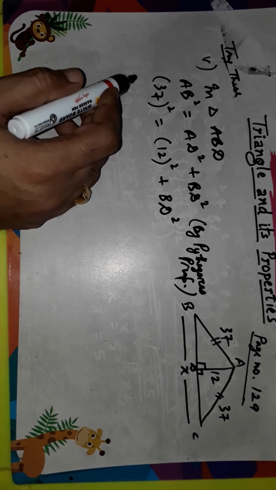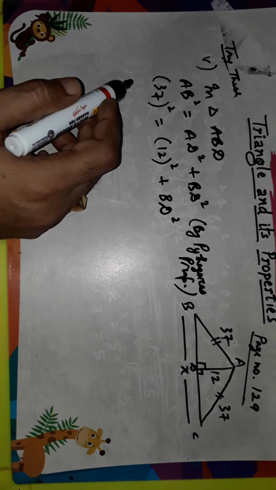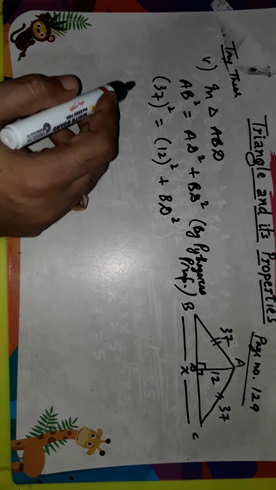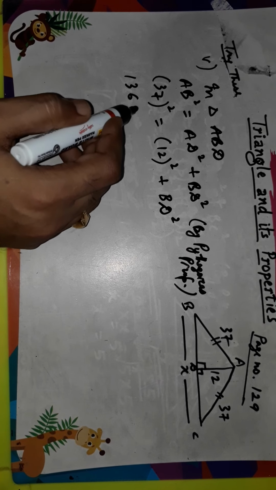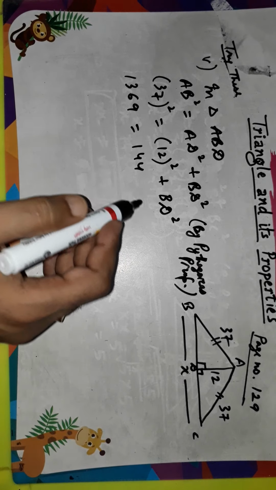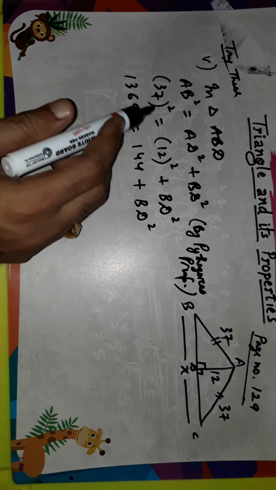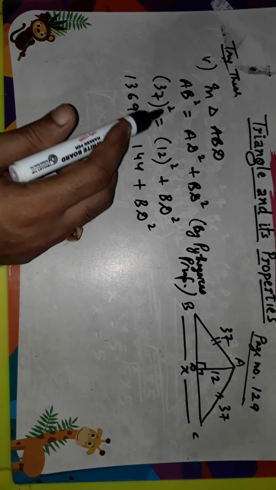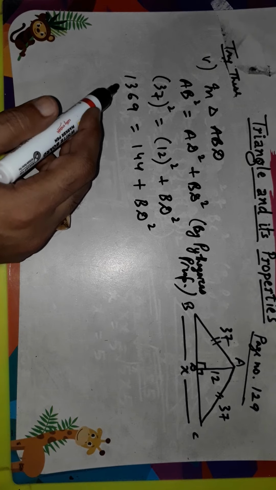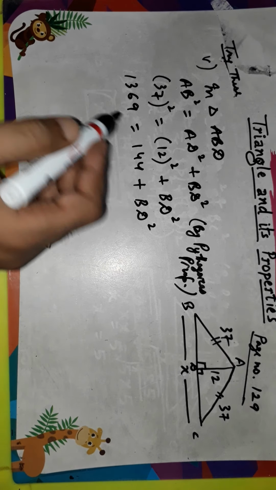So 37 square is 1369. 12 square is 144, plus BD square. To get 37 square, you multiply 37 by 37, so you get 1369. 12 square means 12 into 12, so you get 144.